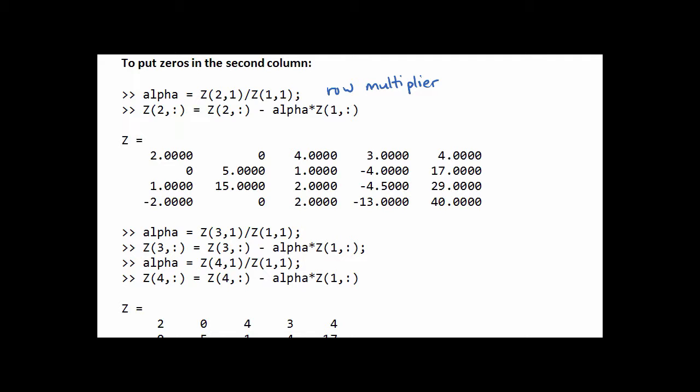And if we take alpha times the first row, well, then we know that the first entry of that vector will be Z21, because we take alpha times Z11 and you just get Z21. So if we subtract that from the second row of Z, we'll put a 0 in that 21 spot. So this construction forces a 0 here.